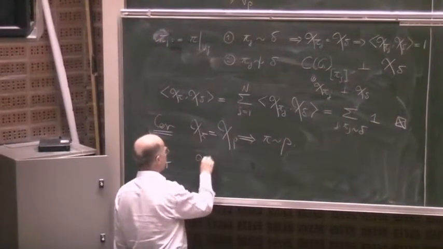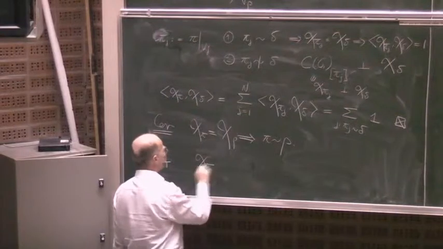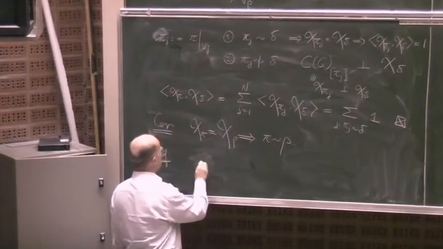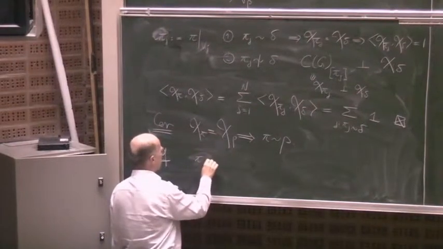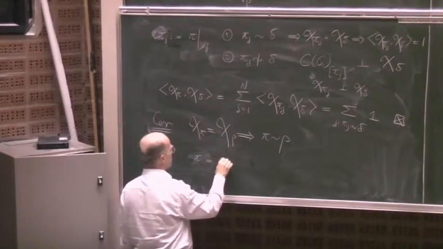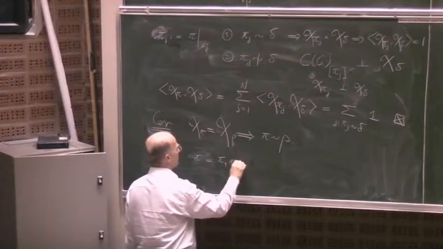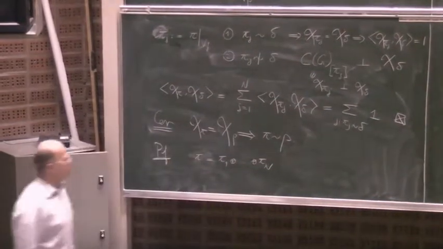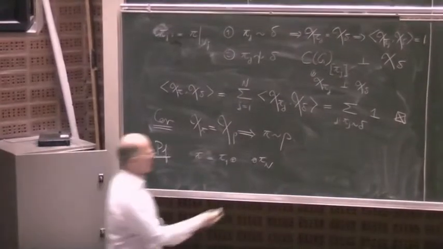The representation pi has a decomposition into irreducibles, pi 1 up to pi n.